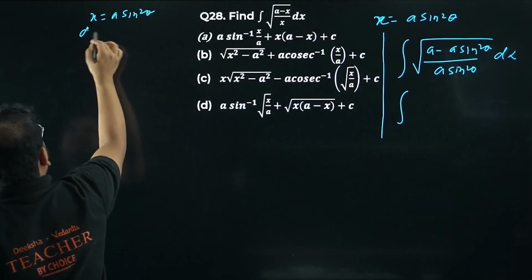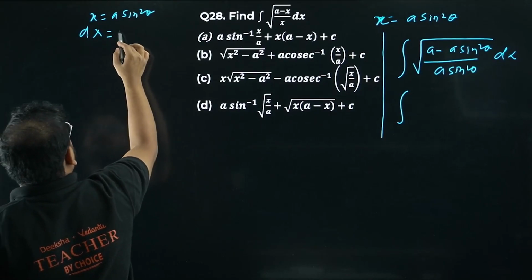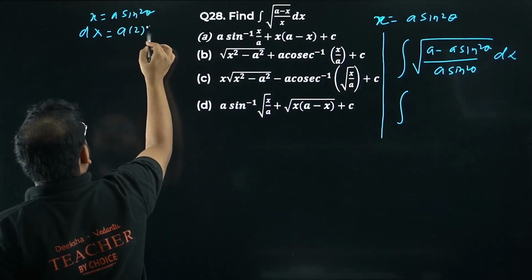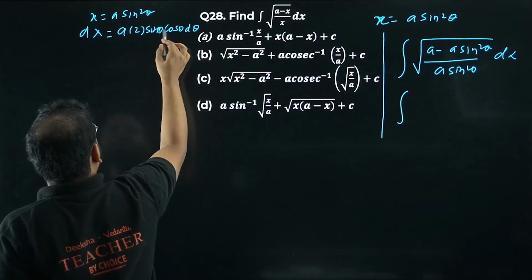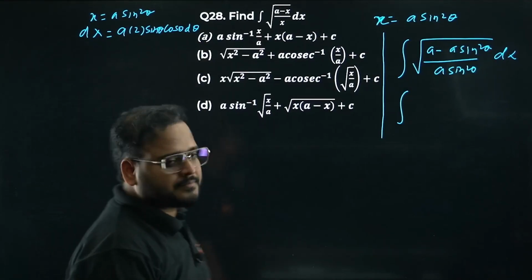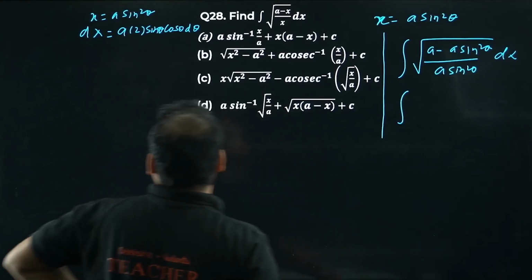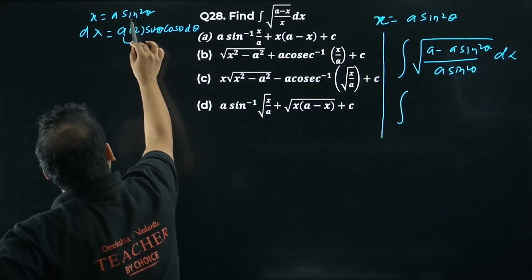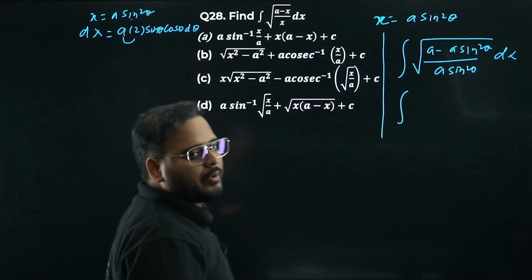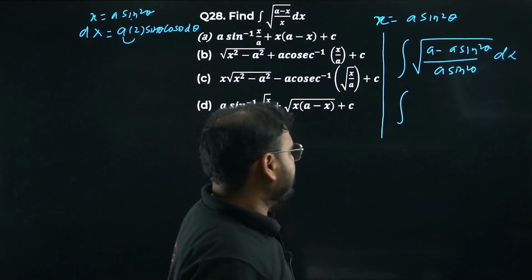So you'll have dx as, please check, a into 2 into sine theta into cos theta d theta. Correct, na? A into 2, because 2 will come in front, so sine will remain as it is. The sine differentiation is cos and the theta will come. So 2a sine theta cos theta we have.